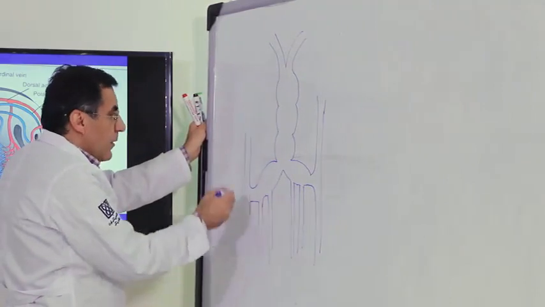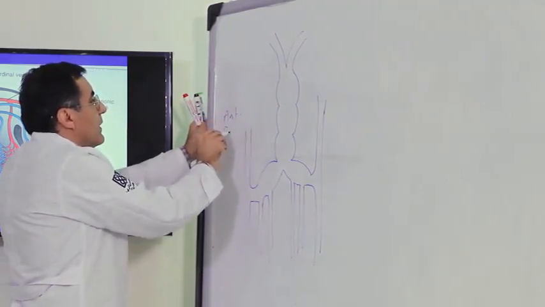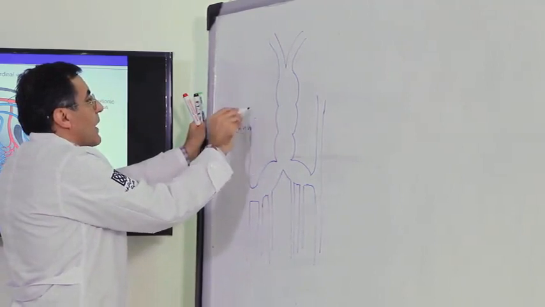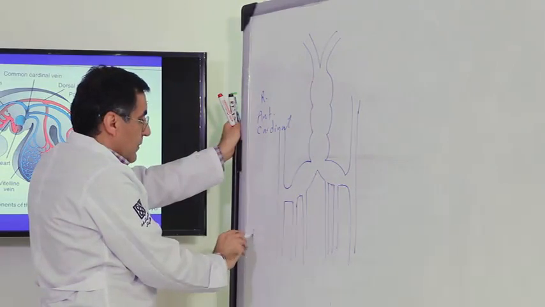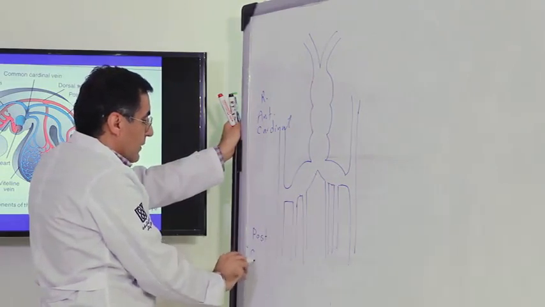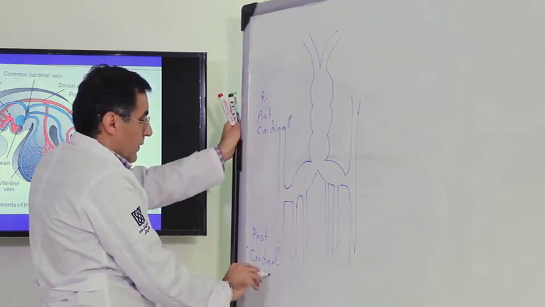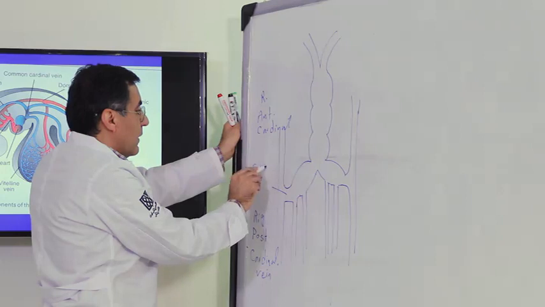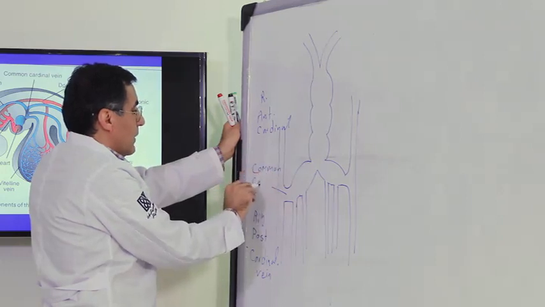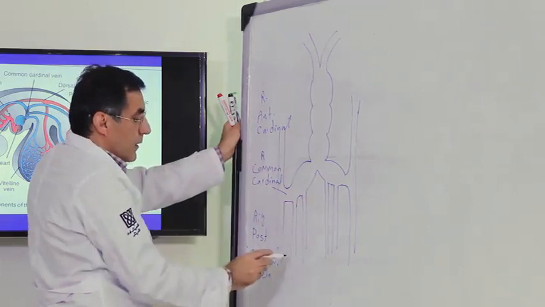You know the names of the veins, I write again. This one is an anterior cardinal, the right. That one is the left. This one is a posterior cardinal, again the right. Here is the common cardinal, the right common cardinal.